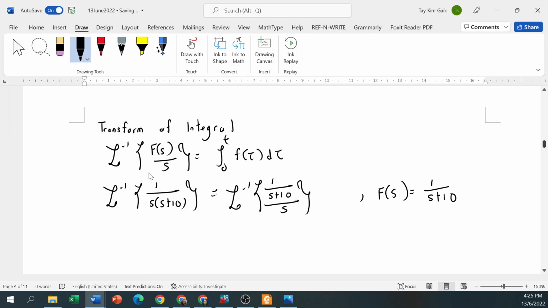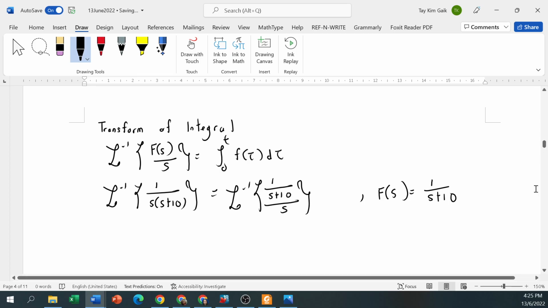If we have this form, the inverse Laplace of F(s) over s, then 1 over s over s plus 10 can be viewed as 1 over s plus 10, where 1 over s plus 10 is F(s), divided by s. Hence, we can also solve this inverse Laplace transform using the transform of integral.